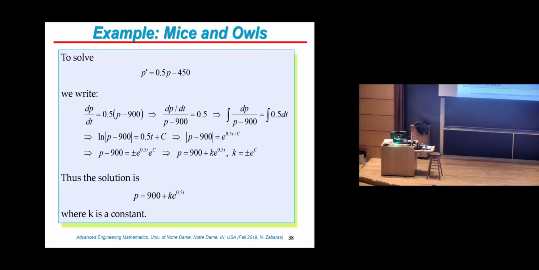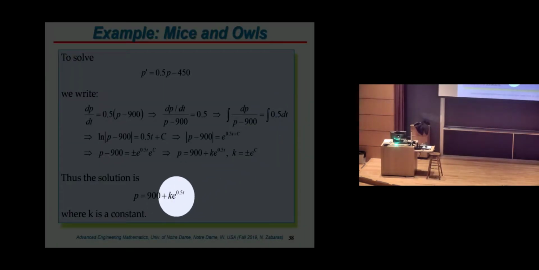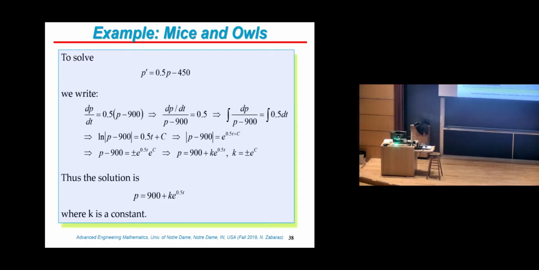And you do get a solution that looks like there is some exponential growth there. It's not surprising because you can see that equation there. That's the exponential growth that we have seen. And then there is a constant term 900 that obviously implies maybe some equilibrium state.